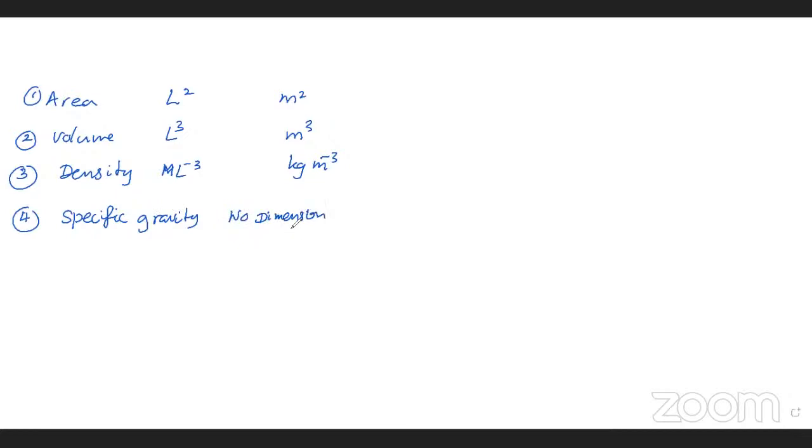You have to write no dimension, or you can write it in this format, that is M^0 L^0 T^0. That's the way we write no dimension. And the SI unit, it has no unit. Having no units and no dimensions, the specific gravity also means the relative density. The names specific gravity and relative density are the same.